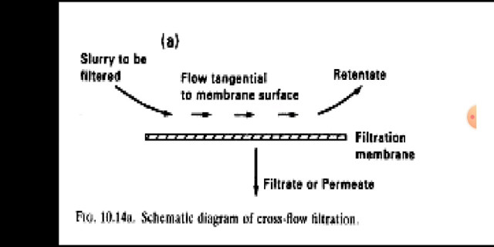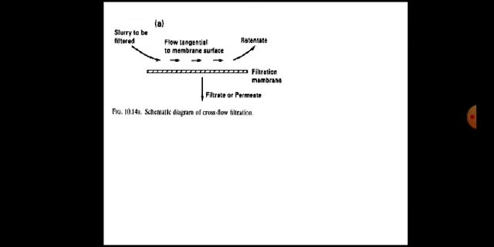This flow tangential to the membrane surface does not allow the filter cake to build up. That is how cross flow filtration works. The benefits of cross flow filtration are efficient separations. It is a closed system and there is no addition of filter aid, so that decreases the cost of filtration.